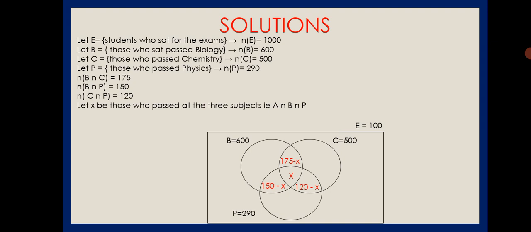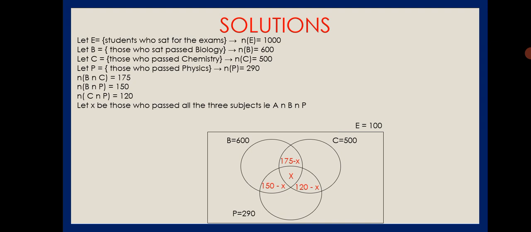B intersection P, students who passed biology and physics, is 150. Then n(C intersection P), students who passed chemistry and physics, is equal to 120. Let x be those who passed all three subjects, that is B intersection C intersection P.